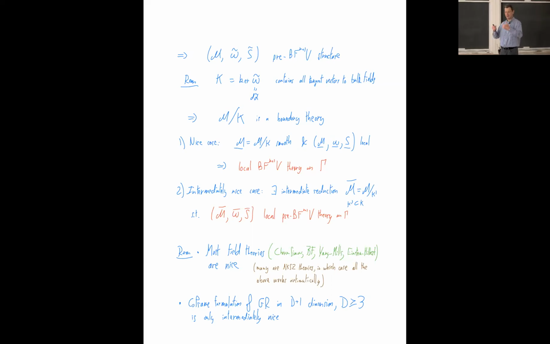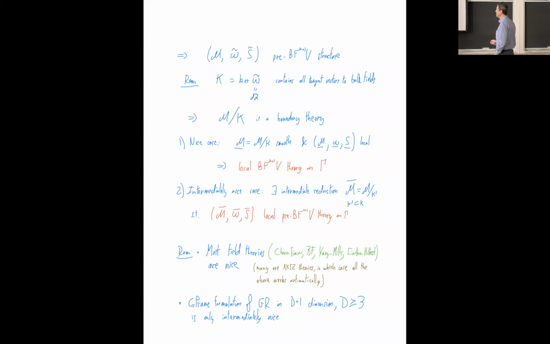So these are vector fields that lie in the kernel of omega. So in particular, when you do this quotient, you get rid of every information of bulk fields. You're just left with information on the boundary fields and their jets, possibly transversal jets. Okay. And if you're lucky enough, this reduction is not only a smooth infinite dimensional manifold, but actually a space of these boundary fields.